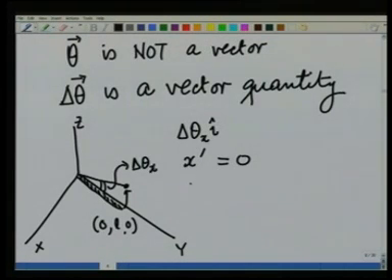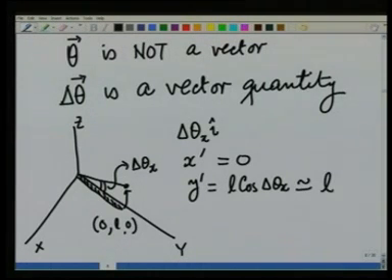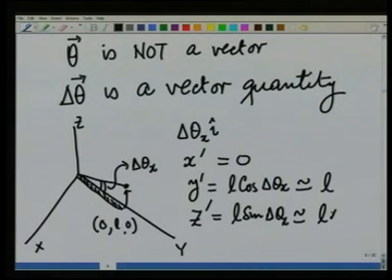You can see y prime is equal to L cosine of delta theta x, which for very small delta theta x is really L, and z prime is equal to L sine of delta theta x, which for very small delta theta x is L delta theta x.